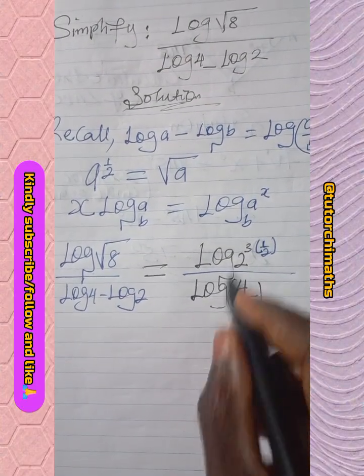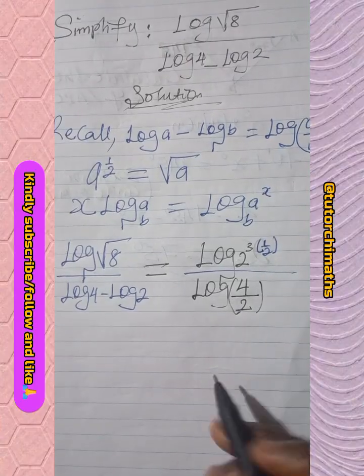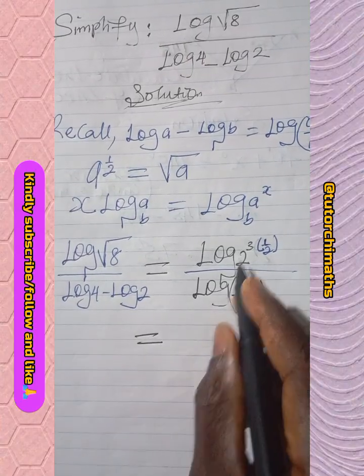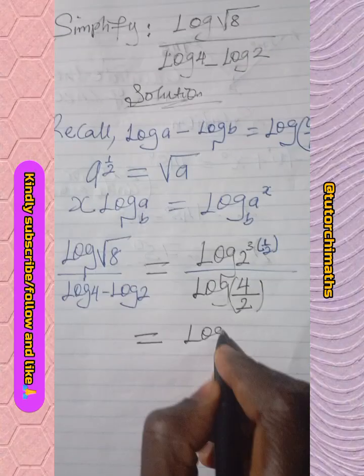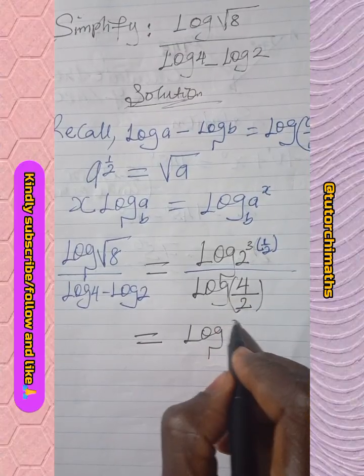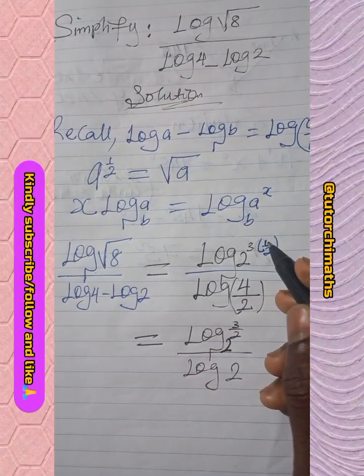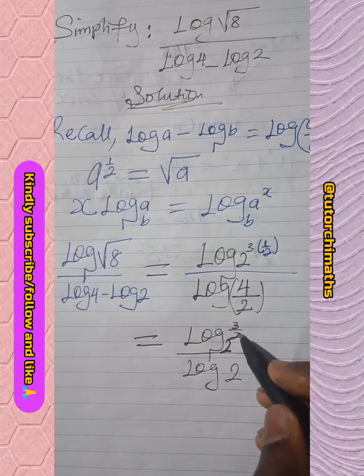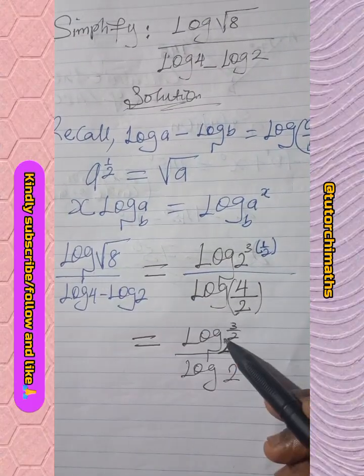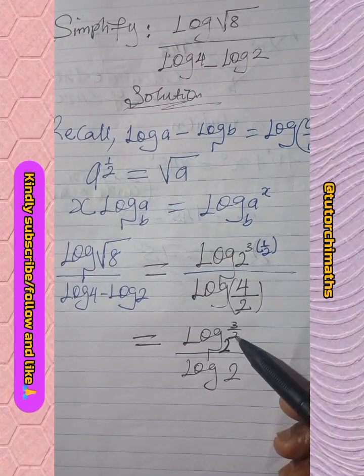They have the same base. So we are going to have here the logarithm of 2 raised to power 3 over 2, because 3 times 1 over 2 is 3 divided by 2. So log root 8 is the same as log 2 raised to power 3 over 2.